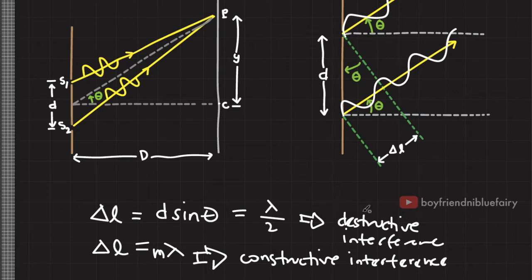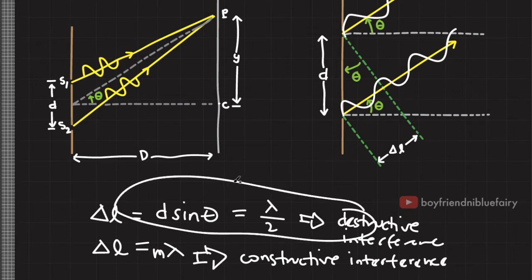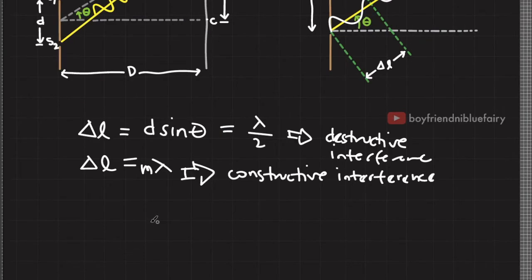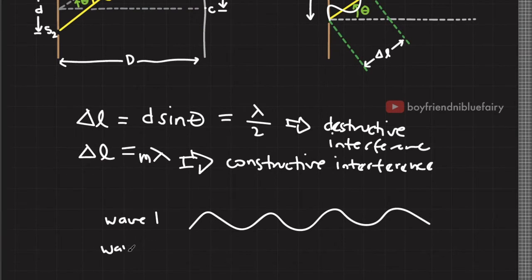Let's return to this condition of destructive interference. For example, if wave 1 is represented by this wave, and the path difference between wave 1 and wave 2 is lambda over 2, I'll count 1, 2, 3.